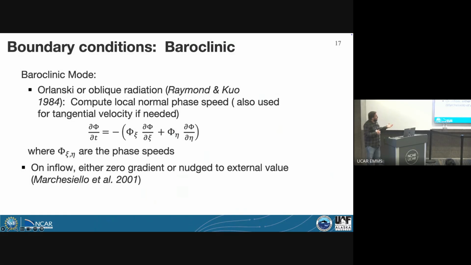We still apply some nudging when the flow is going out because it helps stabilize the boundary, but usually there is a two order of magnitude difference in the strength of the nudging between the outflow and inflow. Typically we use maybe a few days for inflow and something like a few hundred days for the outflow.